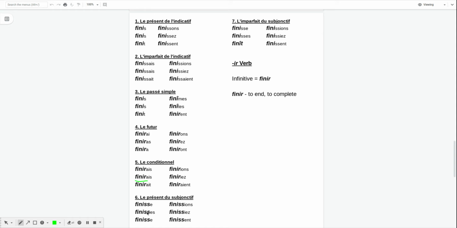For the last two, le présent du subjonctif and l'imparfait du subjonctif, these are very similar.